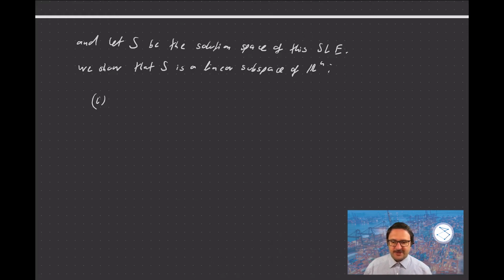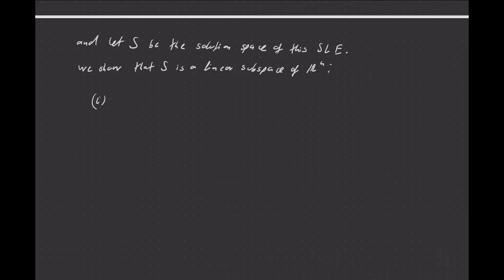0 is obviously a solution. If we just put 0 for all the variables in that equation, then all the left-hand sides will become 0. So as the right-hand side is also 0, that means the equation is obviously satisfied, or all equations are satisfied.